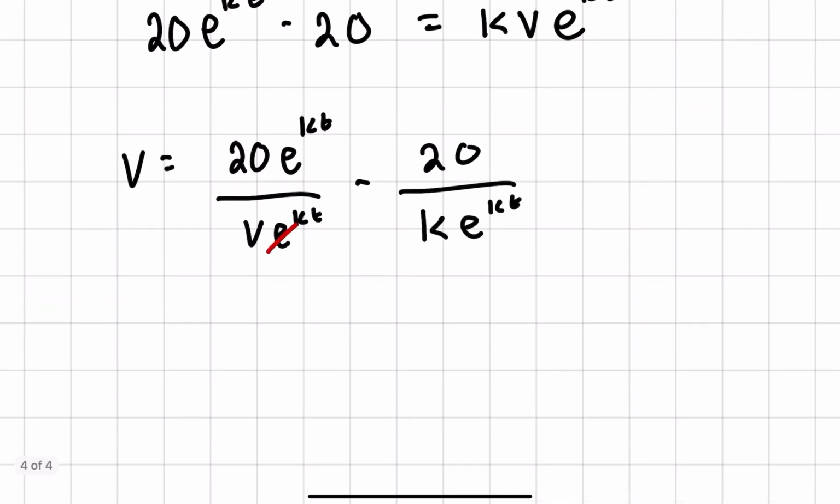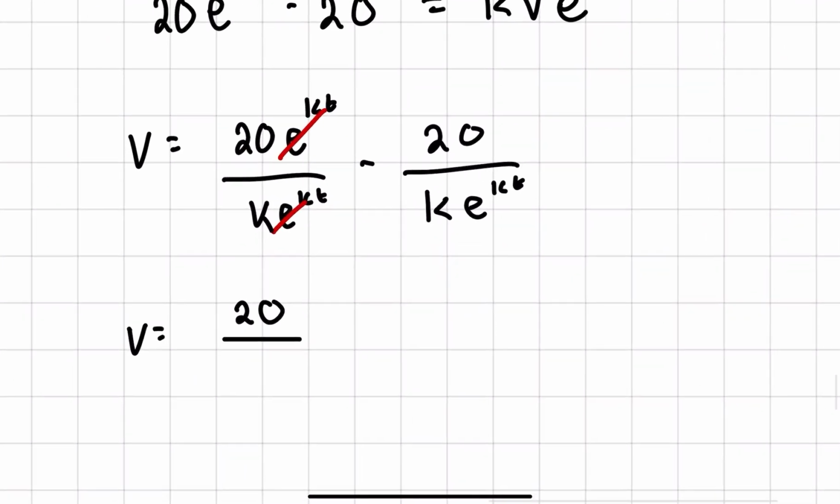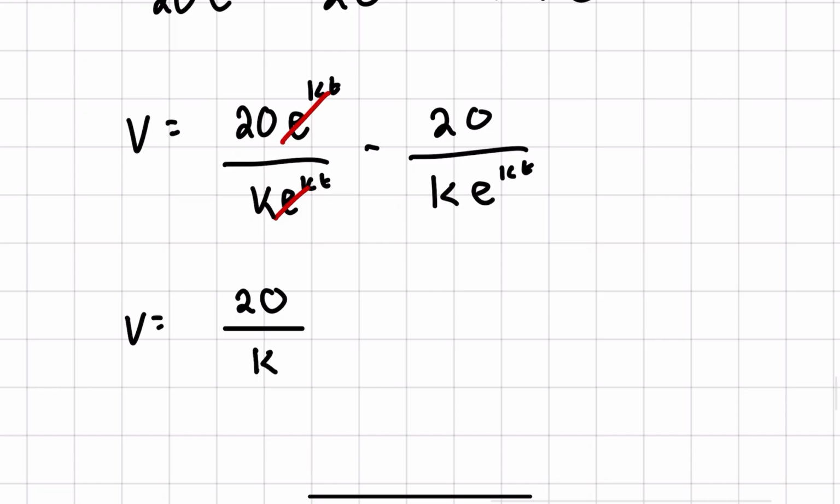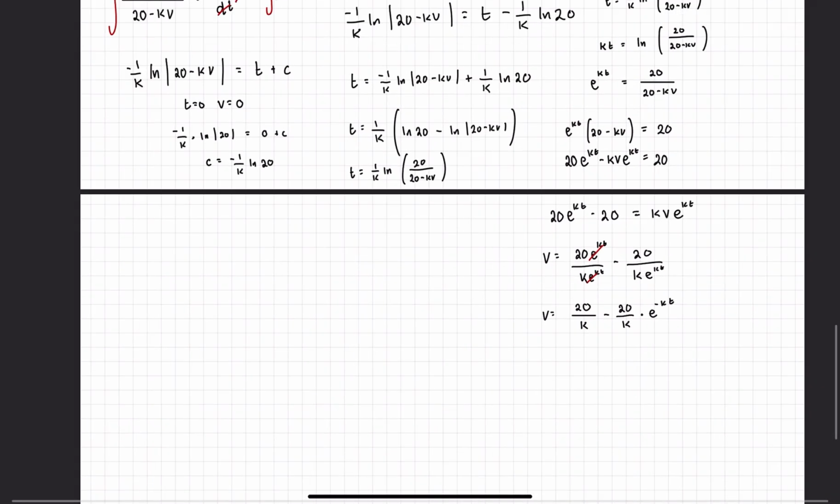The e to the kt cancels out. Oh sorry, that's k, my bad. So volume equals 20 over k, take away 20 over k multiplied by e to the negative kt, and we're done there.